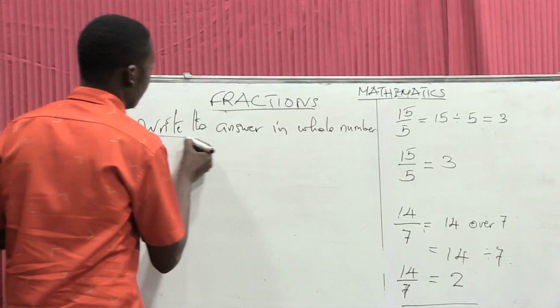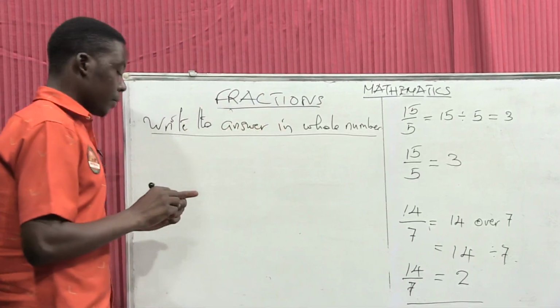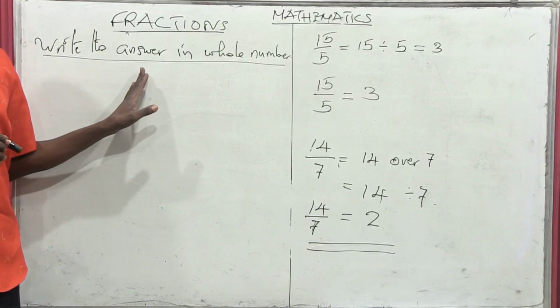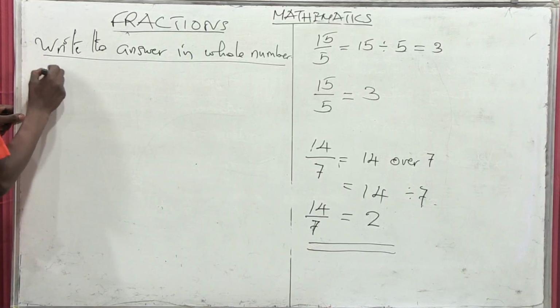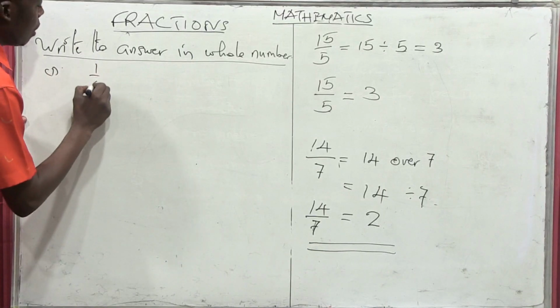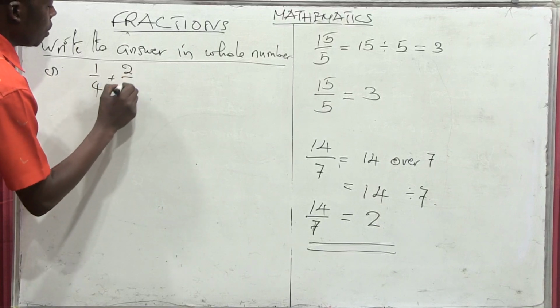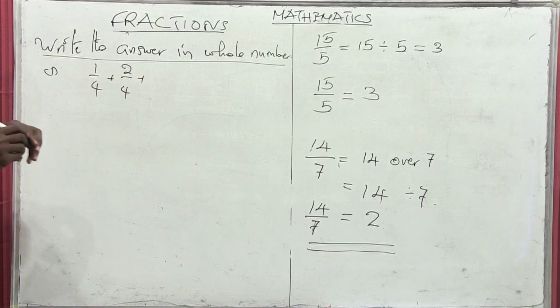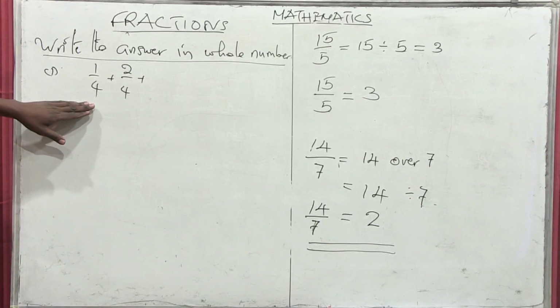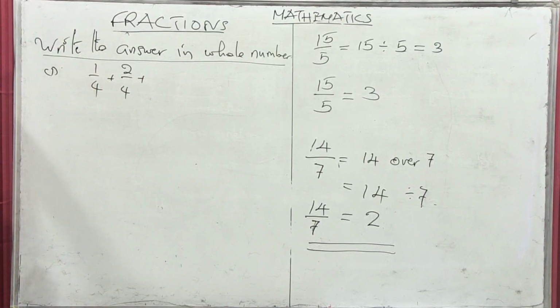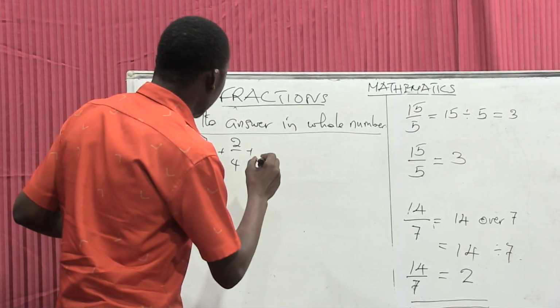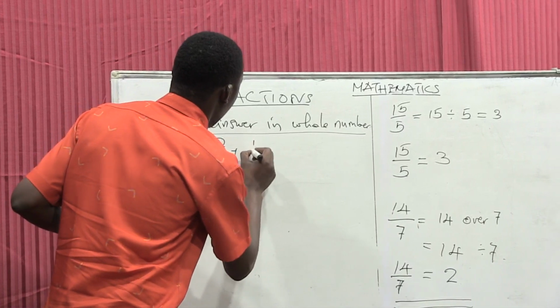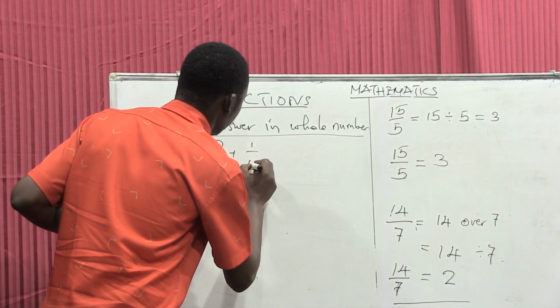Then this is your question. Number 1: 1 over 4 plus 2 over 4, then plus 1 over 4.